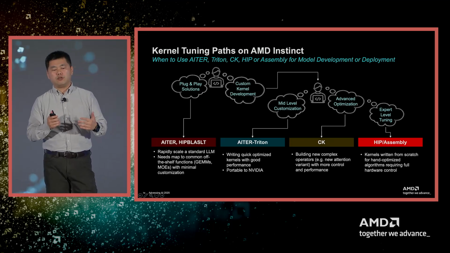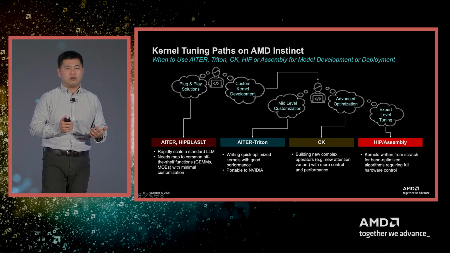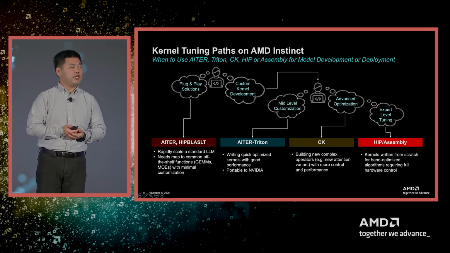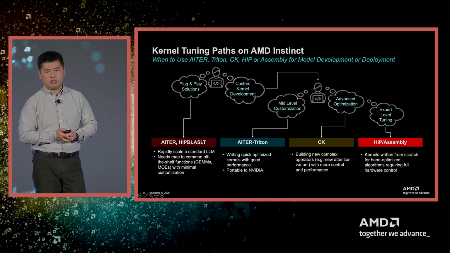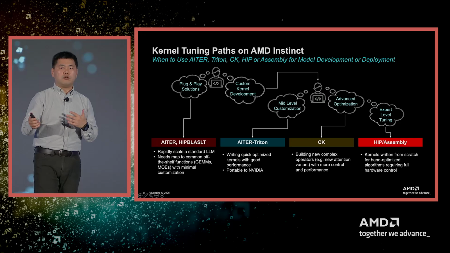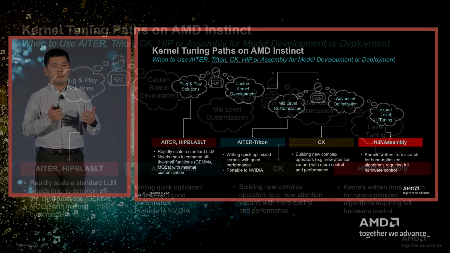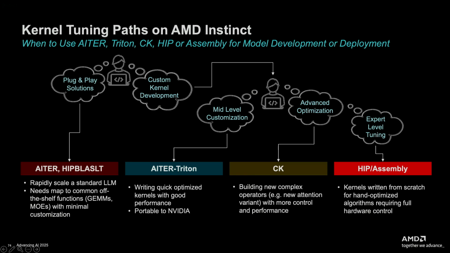However, if you would like a customized kernel and you are comfortable writing in Python-level programming languages, go with OpenAI Triton, and get it integrated with the AITER library. You can take advantage of the CI/CD, auto-tuning, and all those different interfaces that we can offer.